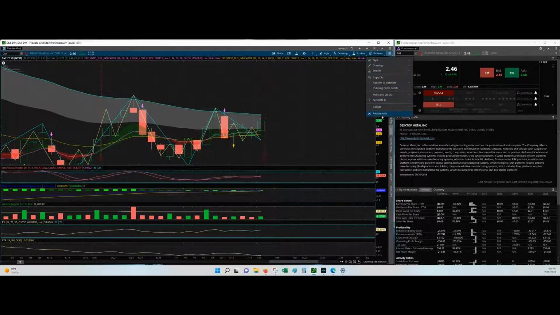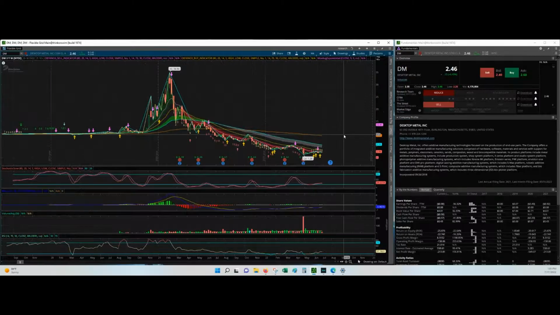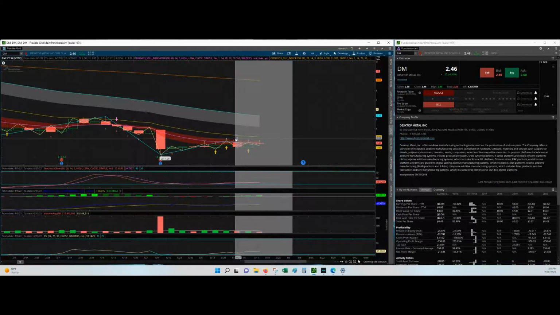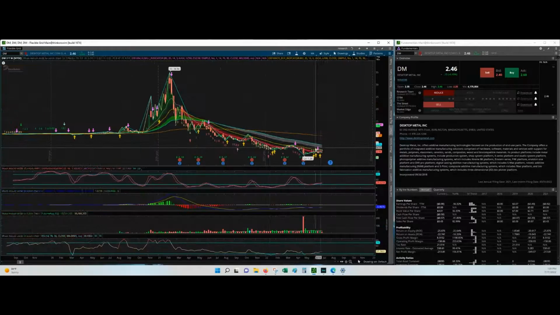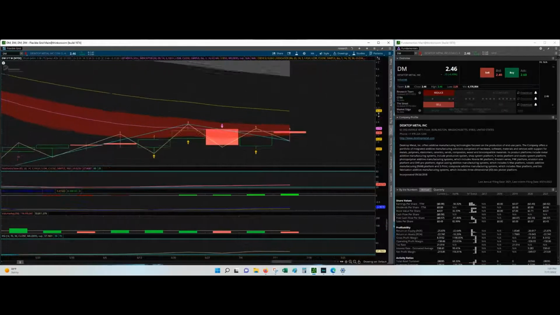Next thing I'm going to look at is the weekly chart. And for this example here, I got a buy signal here. My zigzag study is trending down. The price is sitting right at the 9 EMA. Zoom in a little bit more.